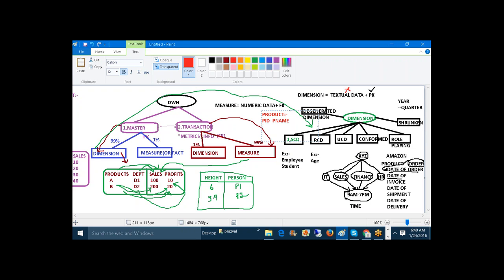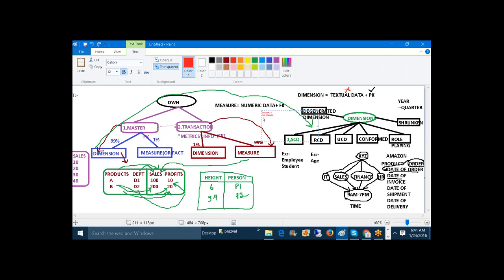Let's say I'm having information like 1, 2, 3 without any name, so here the names are empty. So if the dimension contains only the primary keys without any textual data, then such a kind of dimension is known as the degenerated dimension.